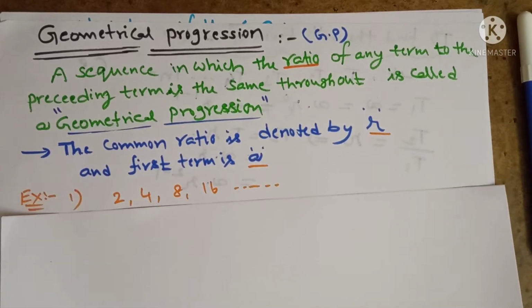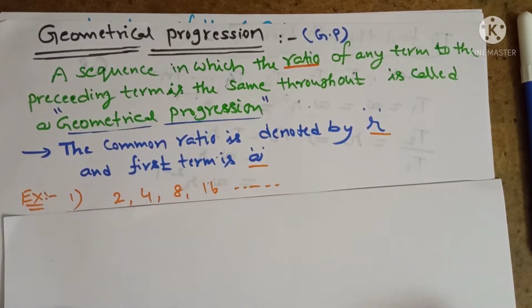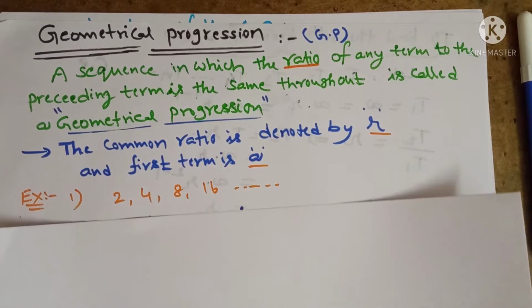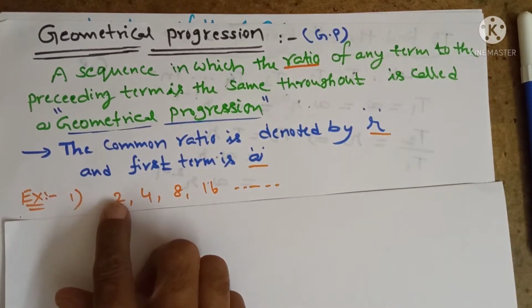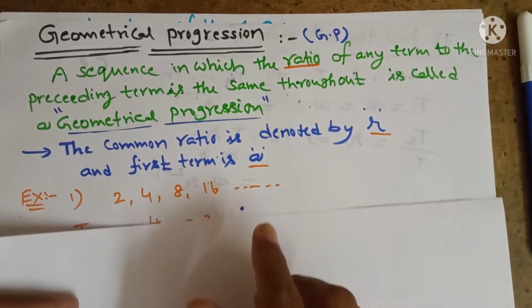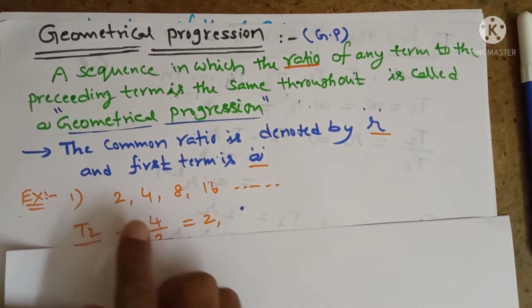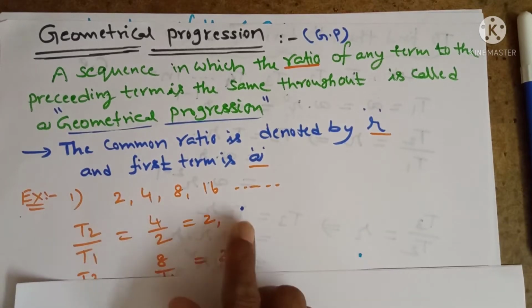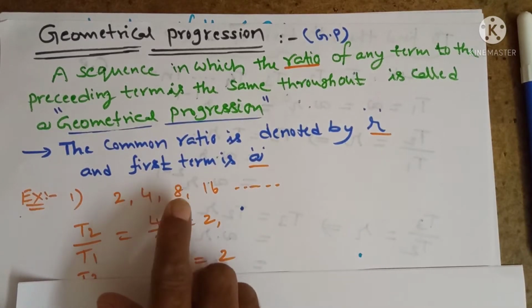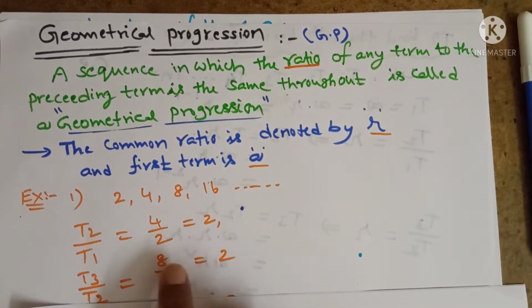For example, we are taking 2, 4, 8, 16. This is the first term, second term, third term, fourth term. Suppose T2 divided by T1, 4 divided by 2, is 2. T3 divided by T2, 8 by 4, is 2.